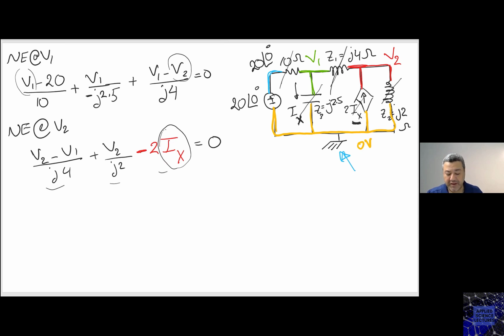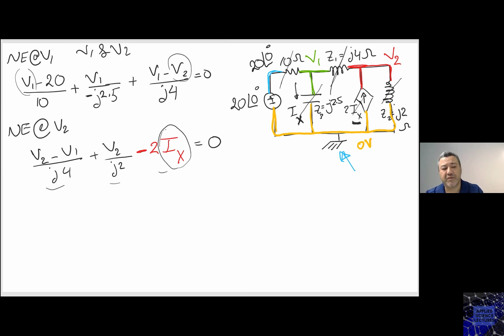Okay, so basically what you should do in this case, yes, you're right, ix is v1 divided by minus j2.5. But why did you come up with this expression? Well, because we have seen earlier that whenever we have an extra variable that comes from a dependent source, we need to look in the circuit how we can write this extra variable in terms of my standard variables, which are v1 and v2.